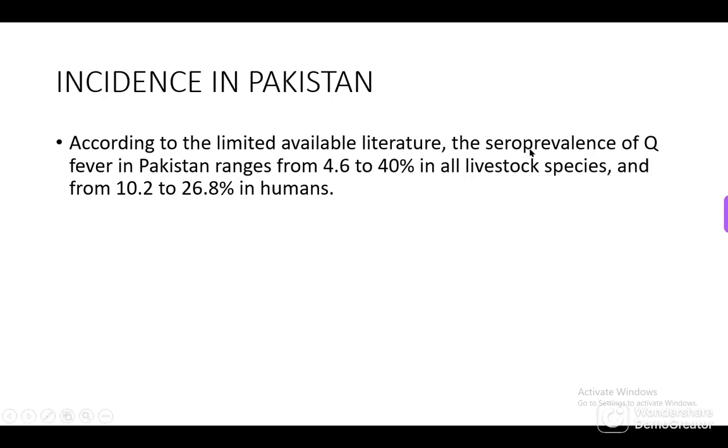According to the limited available literature, the seroprevalence of Q fever in Pakistan ranges from 4.6 to 40% in all livestock species, which are much in number in Sindh and specifically in Punjab, and we are very rich in livestock in Balochistan also, where the goats and lambs are there.